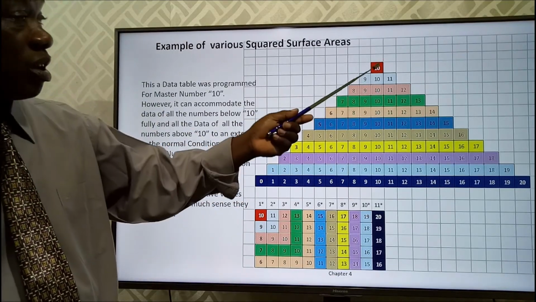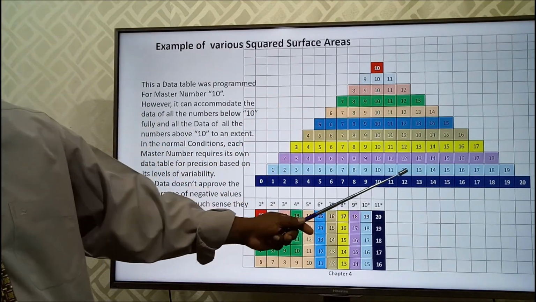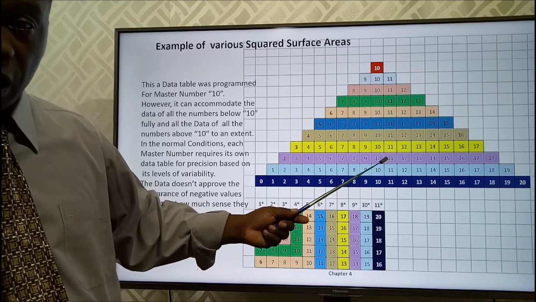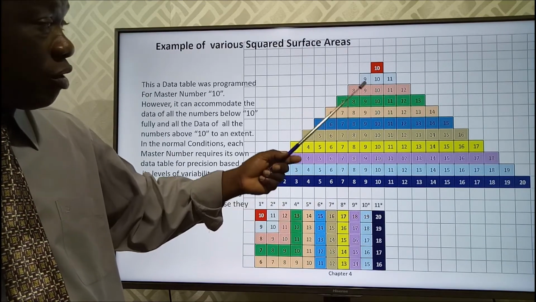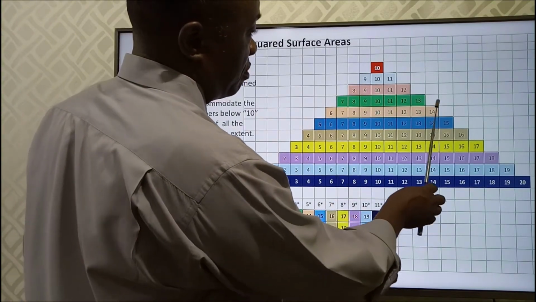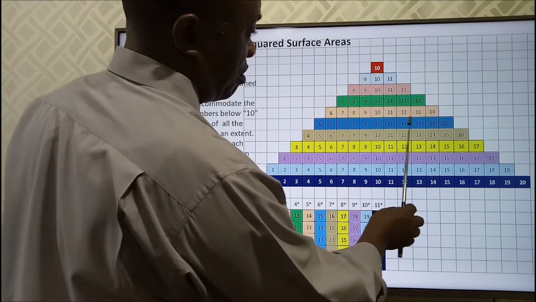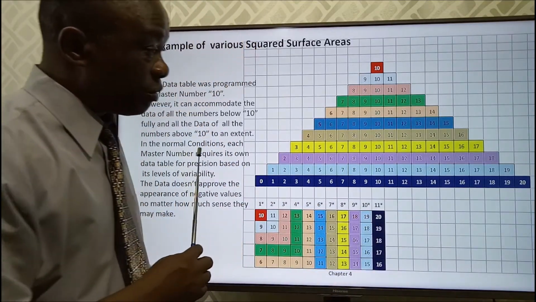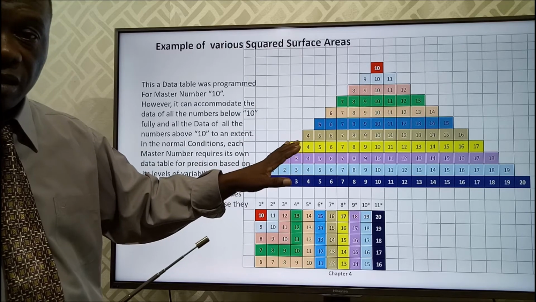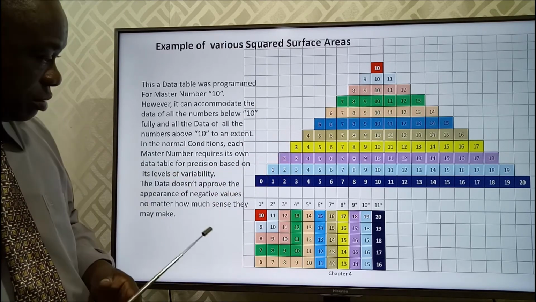So you see this, for example, for number 10. This is a big data. This is huge already. You saw for number 4, we could limit only up to here. That's the number 4. Only up to here. But for 10, that's already too big. Big data.